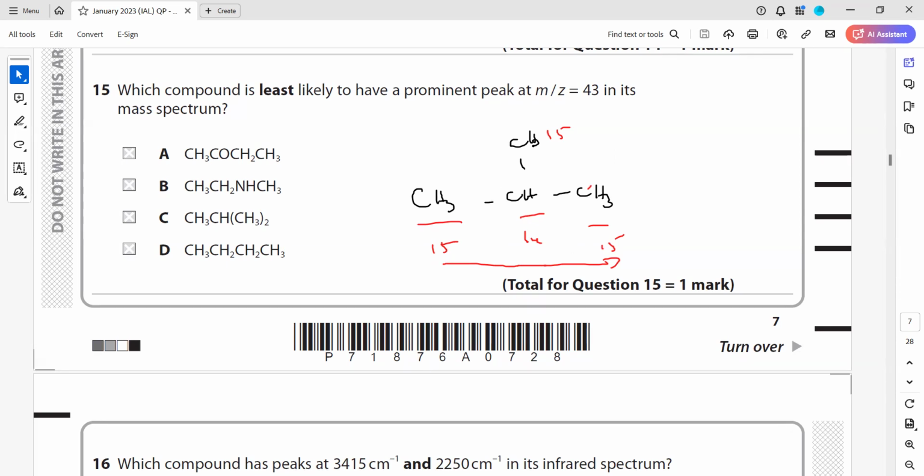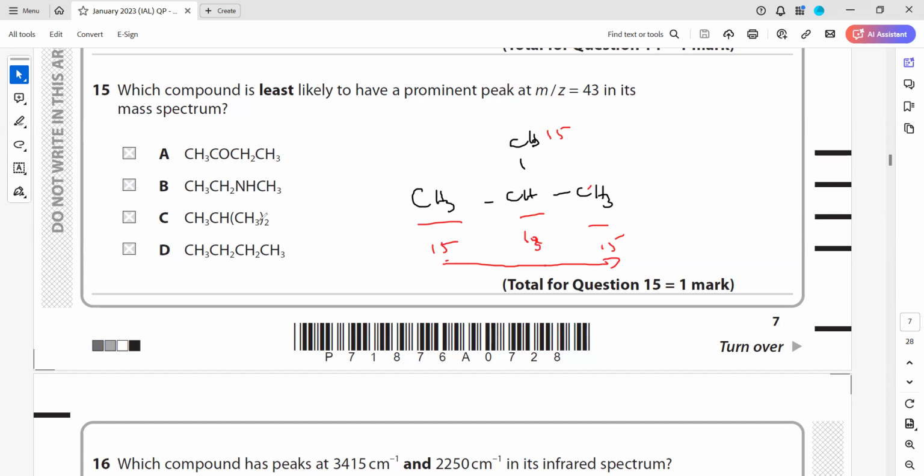And 15 plus 15, 30. 30 plus this is 13, sorry, not 14, because CH is there, by mistake I wrote 14. 15 plus 13, 28, 28 plus 15, so that will be 43. So this will give a 43 peak.